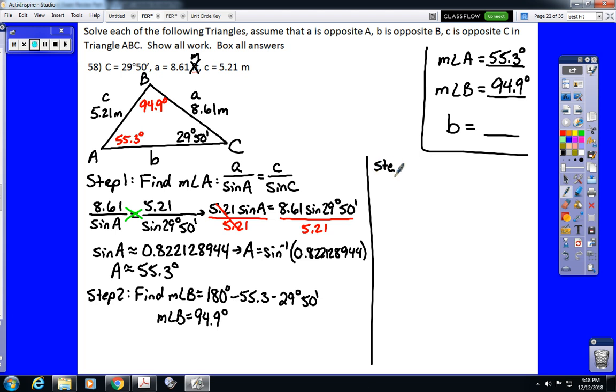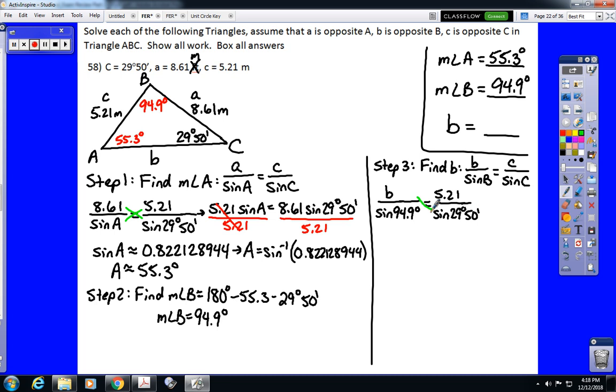So step 3, we're going to find the length of side B, which we're going to do B over sine B equals, and we're going to use C over sine C because those were the values given in the problem. That way if we screwed something else up, it won't screw up this number. So that would be little b over the sine of 94.9 degrees equals little c, 5.21, over the sine of 29 degrees 50 minutes.